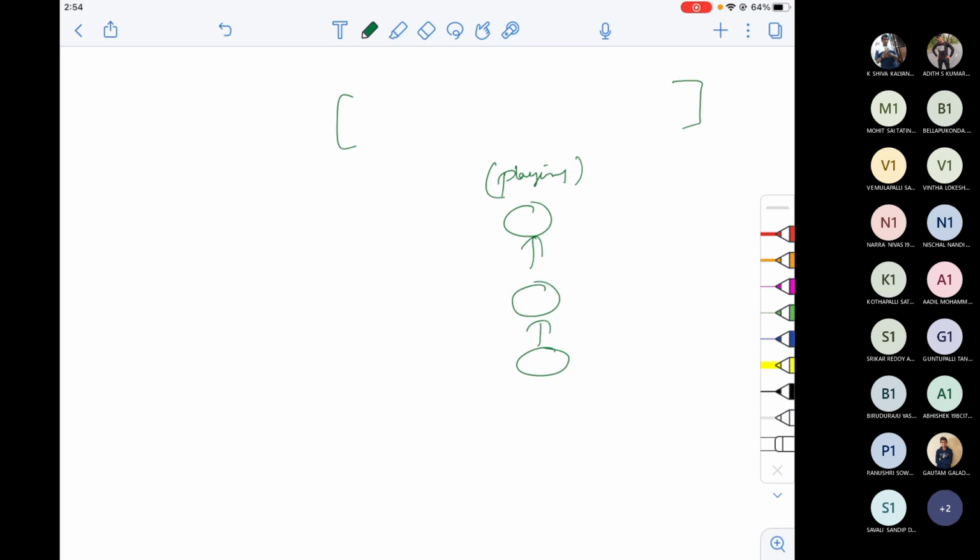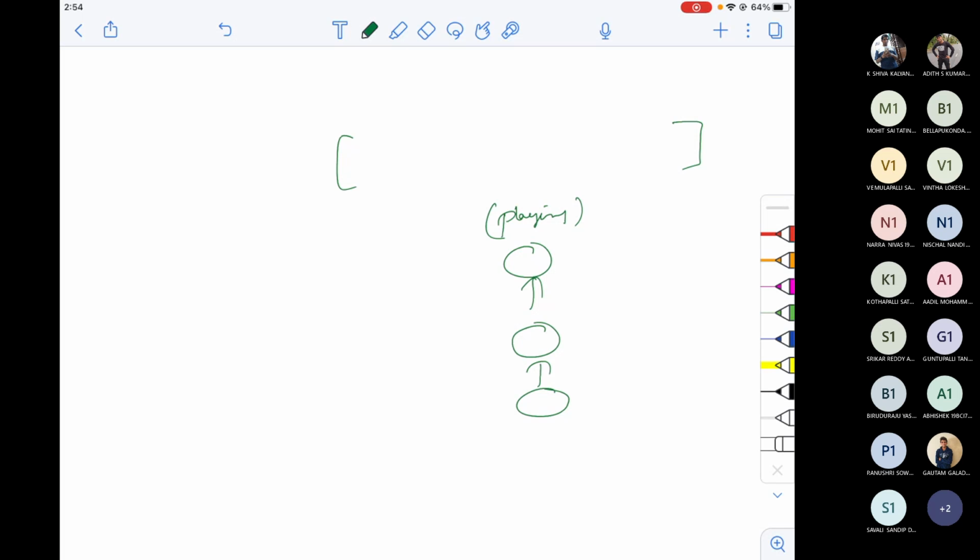Now, what is the length of this softmax distribution? How many entries will be there in this softmax distribution? It is nothing but the number of vocabulary words.